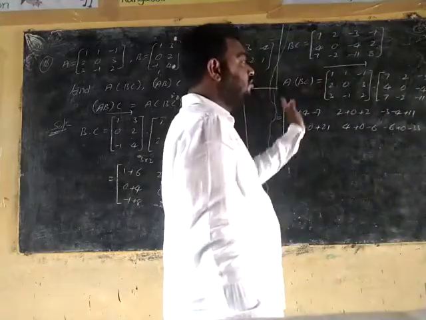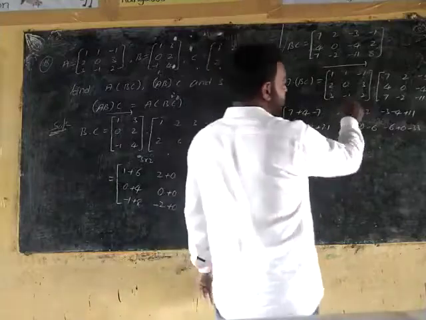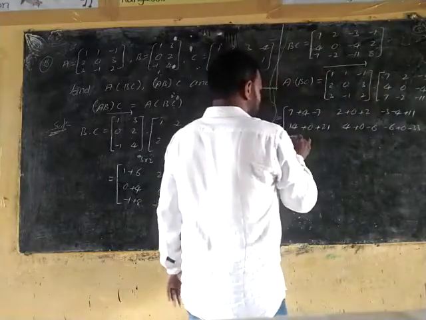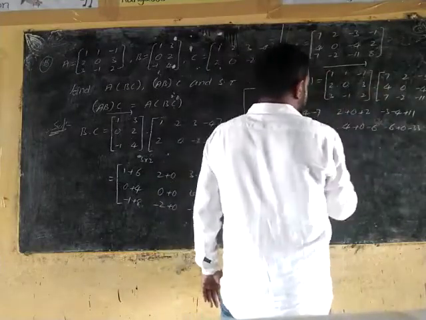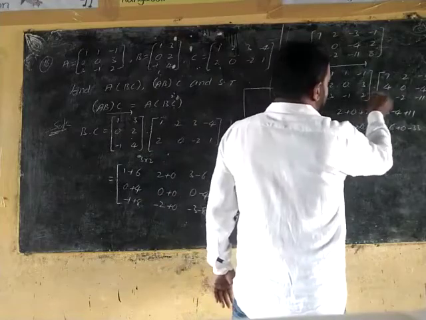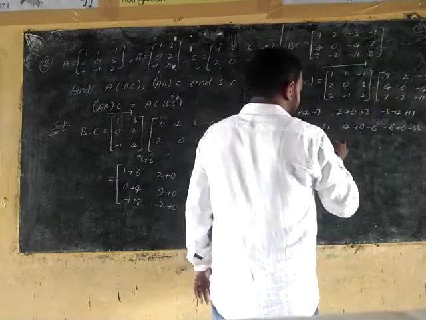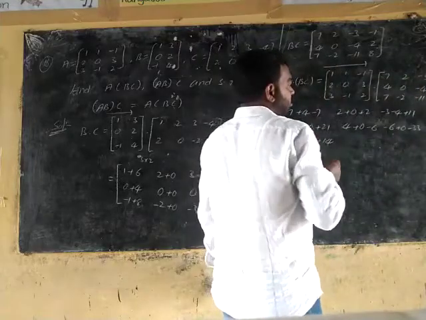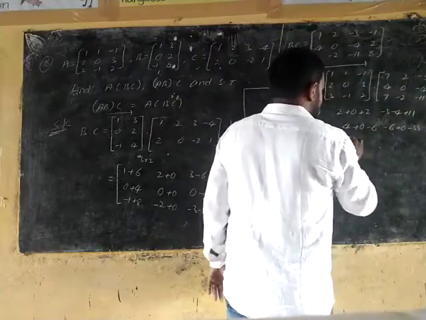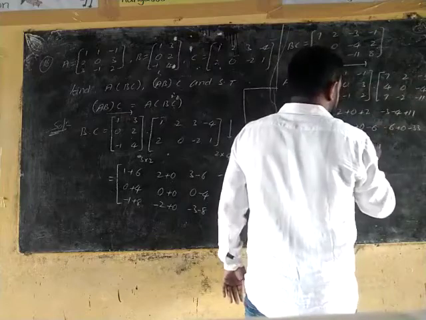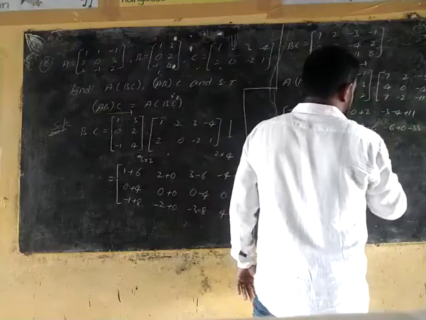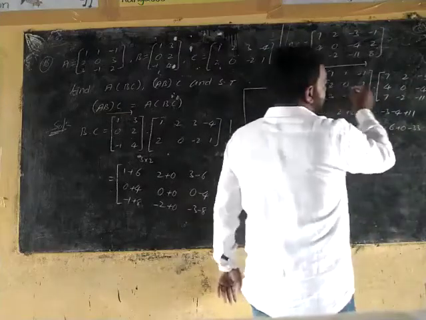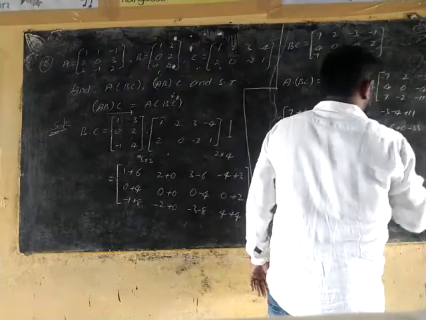Now third row with all the columns. Third row, first column: 3 7s are 21. Minus 1 into 4, minus 4. 2 into 7, 14. Next, third row, second column: 3 into 2, 6. Minus 1 into 0, 0. 2 into minus 2, minus 4. 3 into minus 3, minus 9.